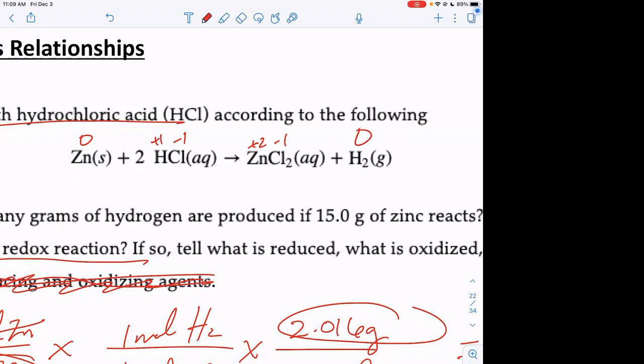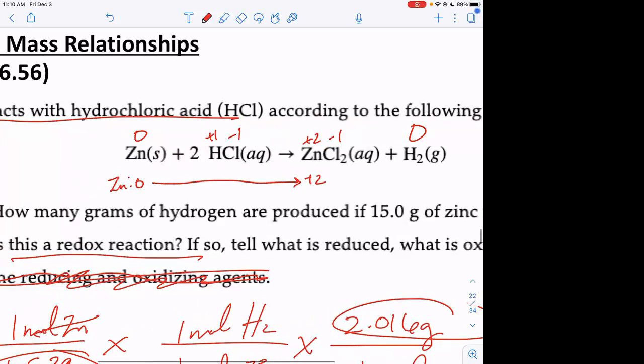So zinc is going from 0 to a +2, right? So is it oxidized or reduced? Yeah, oxidized. And hydrogen is going from a +1 to a 0. So it's reduced.